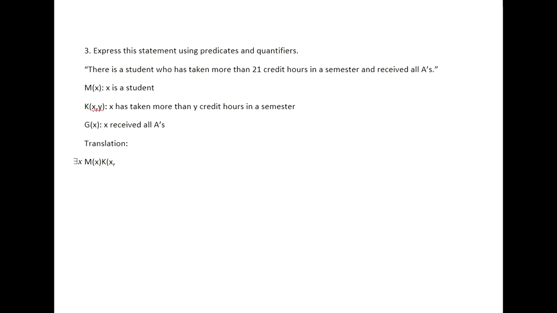Rather, since there is a value here for Y, we just put it so that the translation is clear, that the value of Y is 21. And then since the connector is and, which is conjunction, this is the symbol. Then G at X. So when this is translated, this is the translation using predicates and quantifiers.